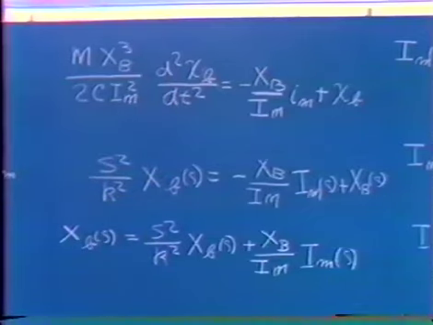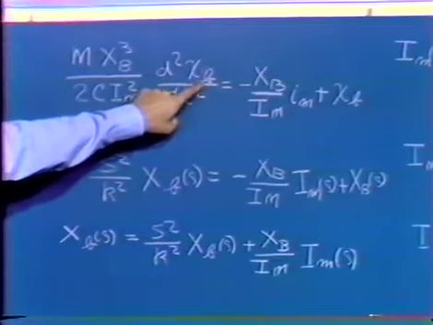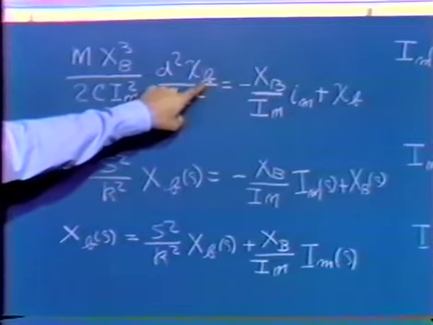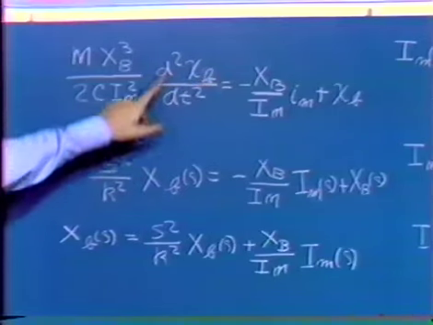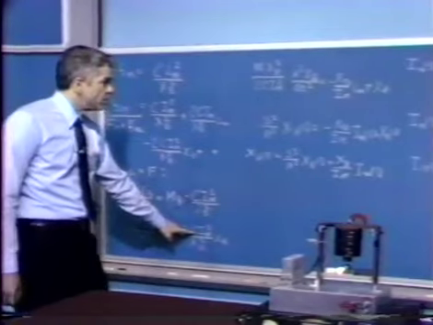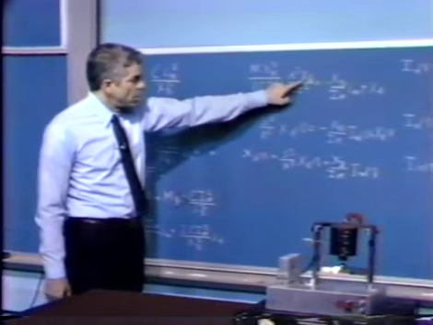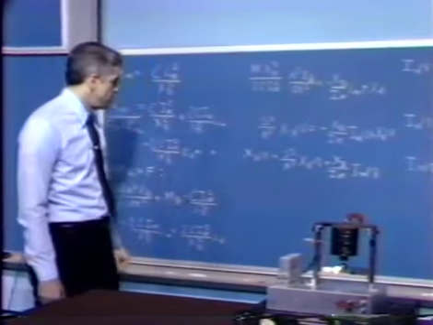Also notice that the derivative of a total variable is identically equal to the derivative of the incremental component. The operating point, by definition, is a fixed quantity, and so when we take the derivative, that drops out. So we get m times the reciprocal of the coefficient shown times the second derivative of the incremental component of ball position with respect to time.